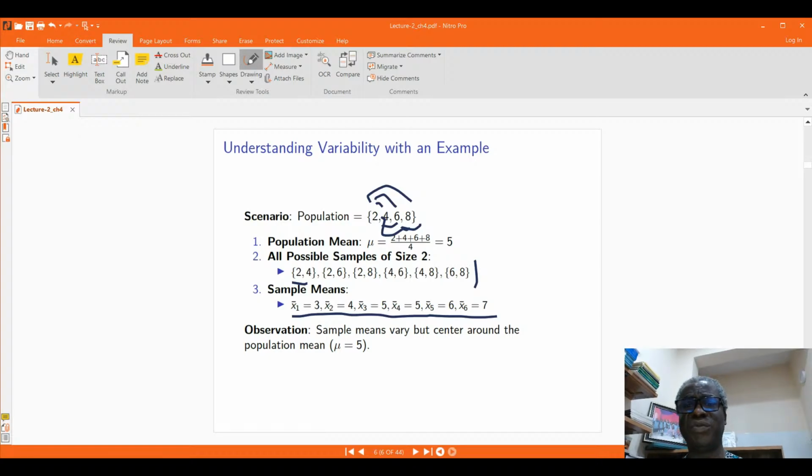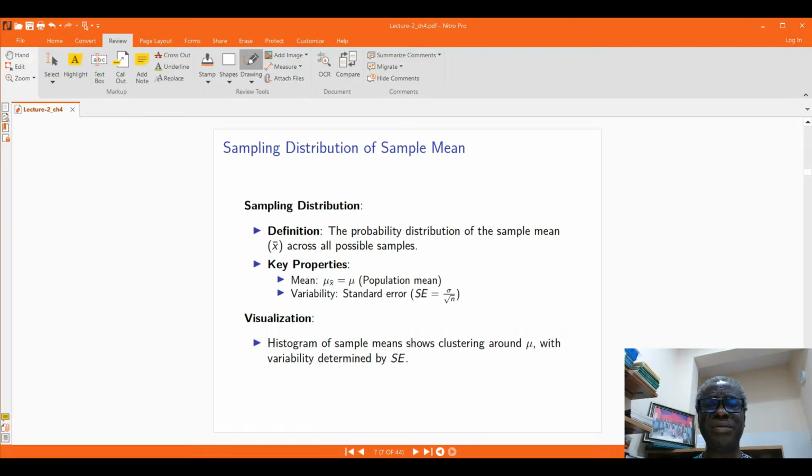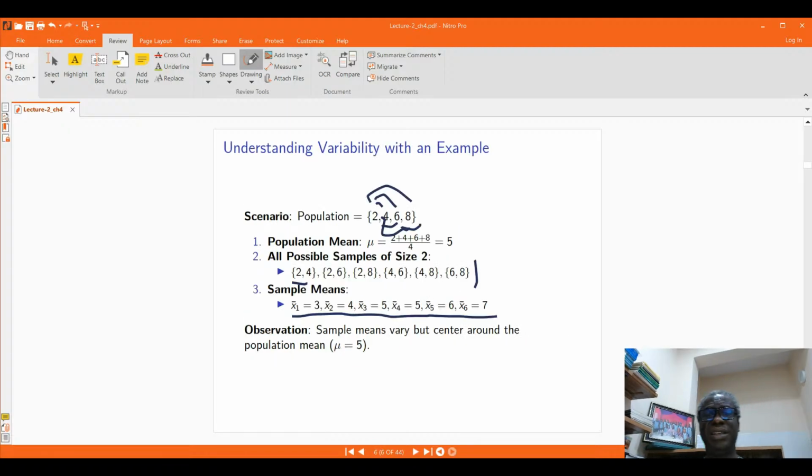Even as we look at this, we can see that the sample mean appears to center around 5, which happens to be the same thing as the population mean. We are still coming back to that.